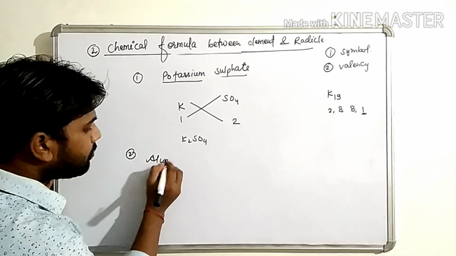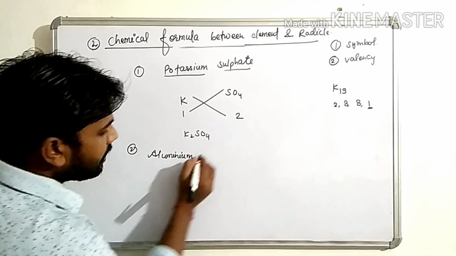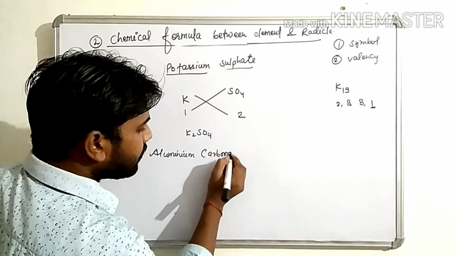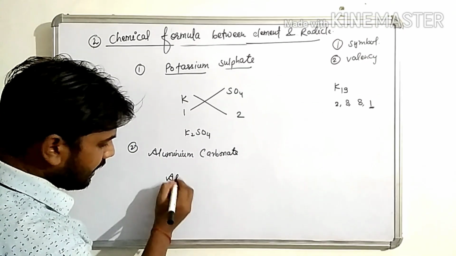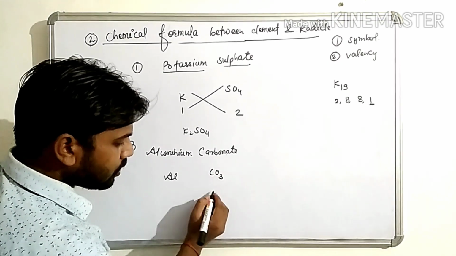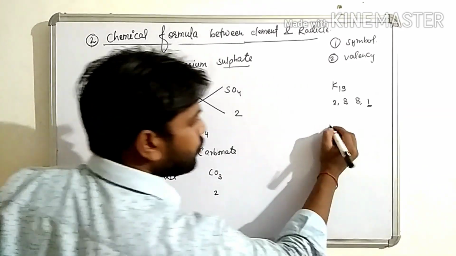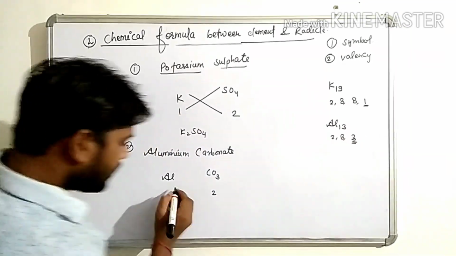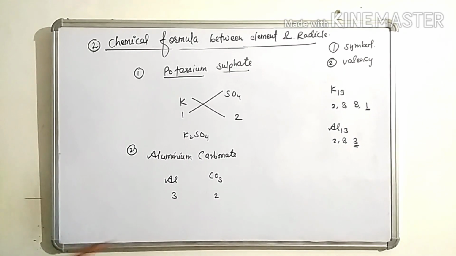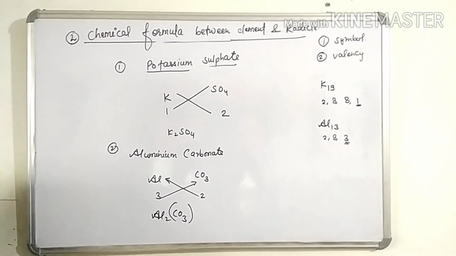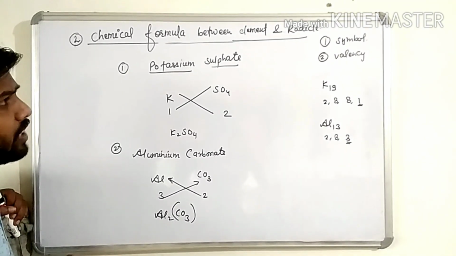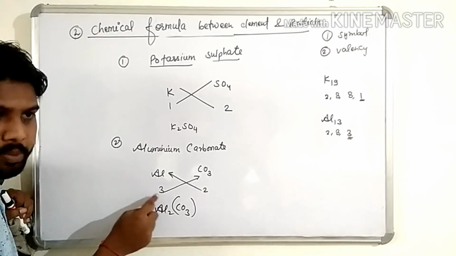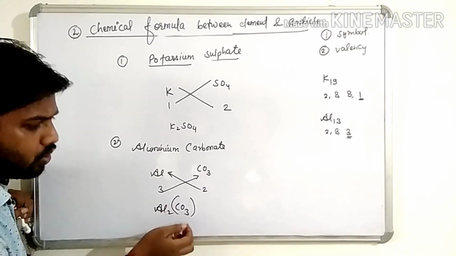Second, aluminium carbonate. Carbonate contains 2 minus. Now aluminium: 13: 2, 8, 3. Valency 3. So children, if there is a chemical formula between element and radical, the valency of aluminium is 3, carbonate is 2.